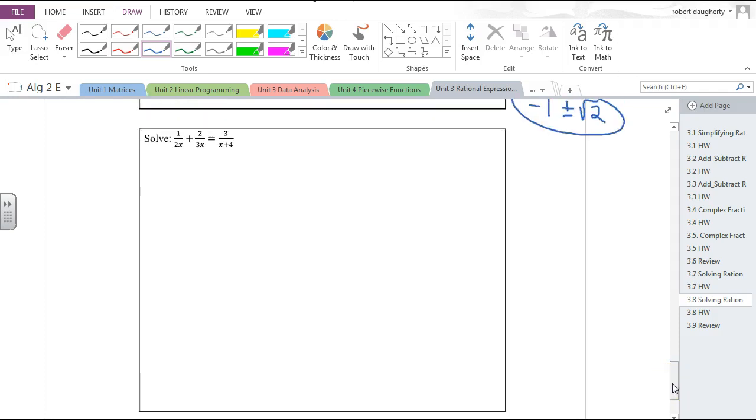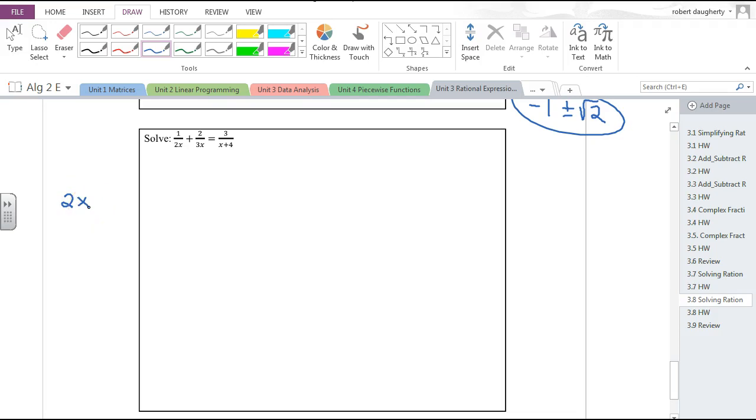What have I got? What is my common denominator? Yeah, so it's 6x times x plus 4. If you're having trouble with that, this tells you my common denominator must have a 2x in it, okay?